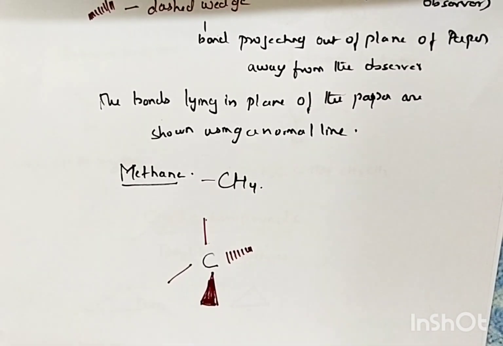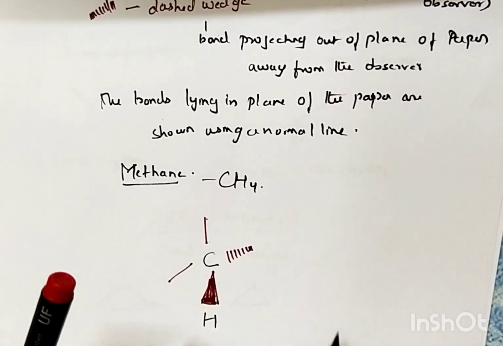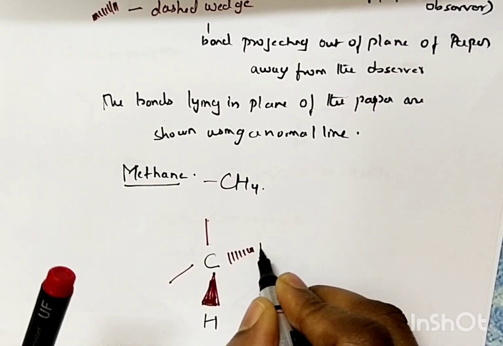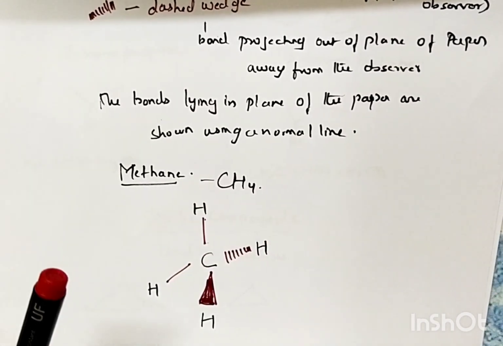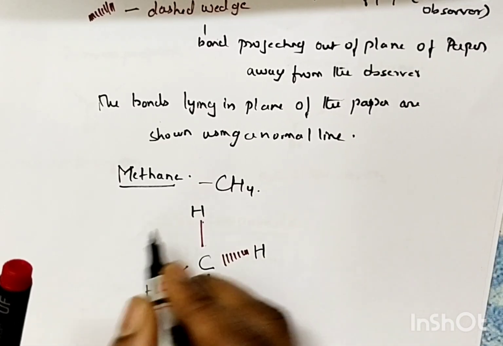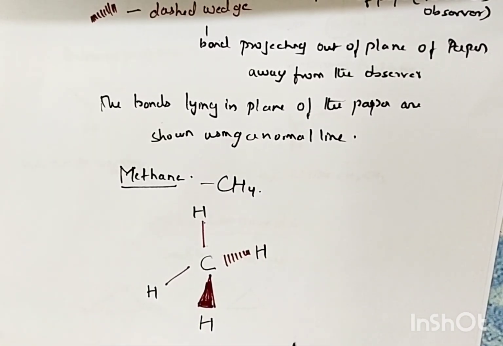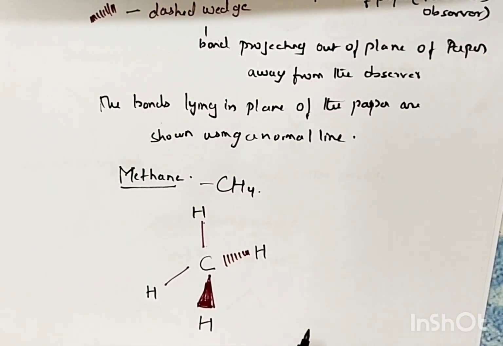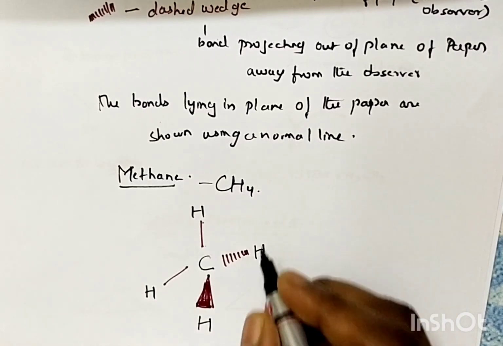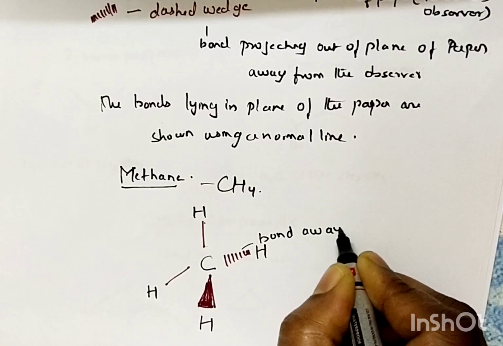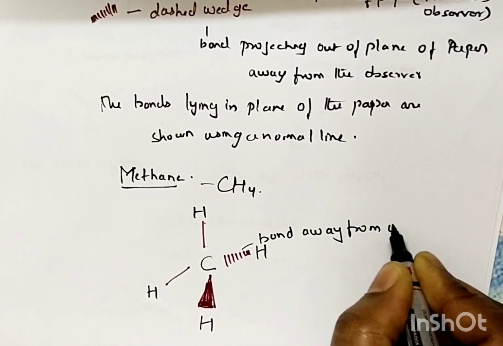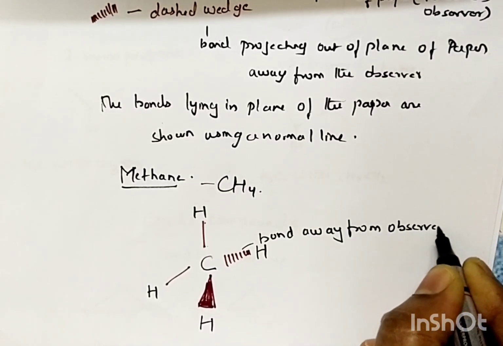So let's write the hydrogens. This hydrogen is towards the observer, this hydrogen is away from the observer, this is in the plane of the paper. So this is a way of representing the three-dimensional structure of organic compounds. This bond is away from the observer.